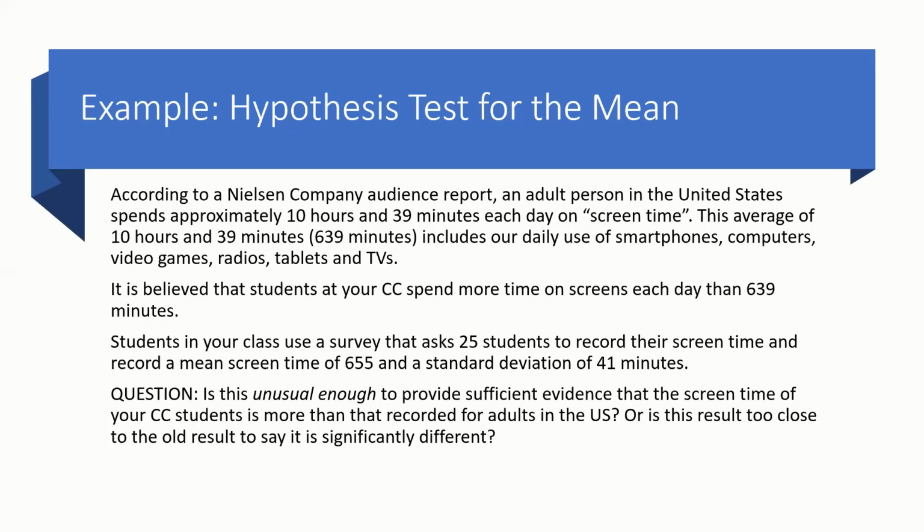It is believed that students at your community college spend more time on screens each day than 639 minutes. So students in your class use a survey that asks 25 students to record their screen time and record a mean screen time from all those students of 655 minutes with a standard deviation of 41 minutes.